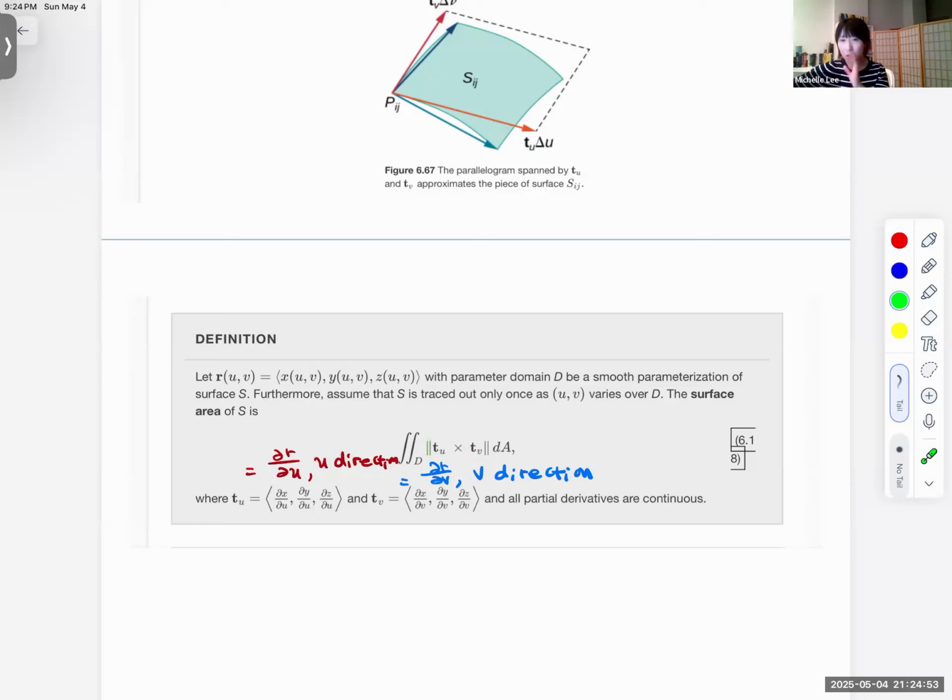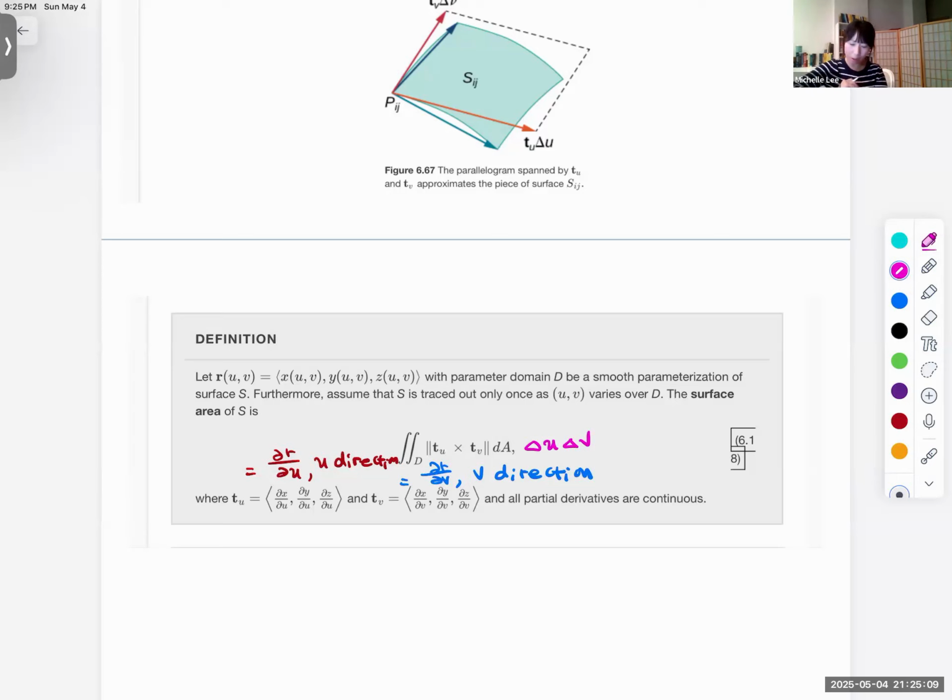So we make a cross product, and then we take its length. So dA will be dv du, I'm sorry, delta u delta v, right?